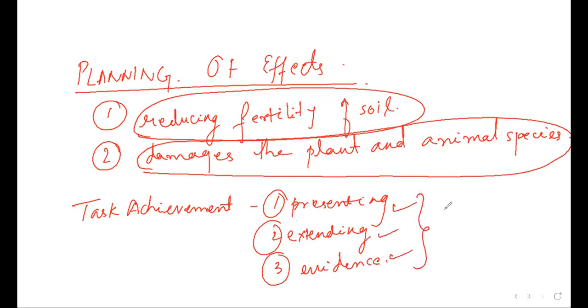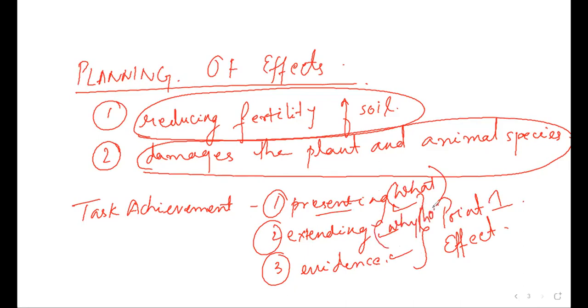This whole consists of 1 point. Here, the first effect. The second effect also has to be done in this way. So you have to present the effect, extend it, and then give an evidence. When we say presenting, it is what is the effect. When we say extending, it is why and how.